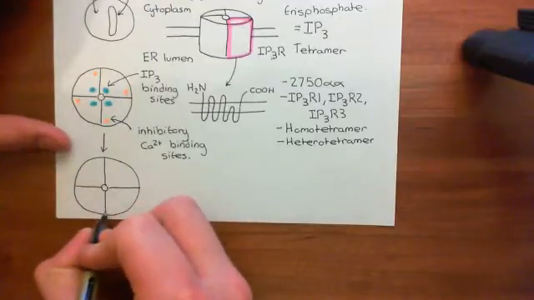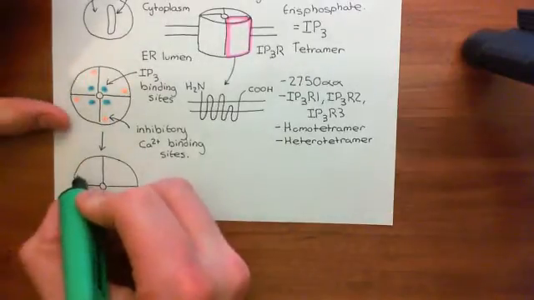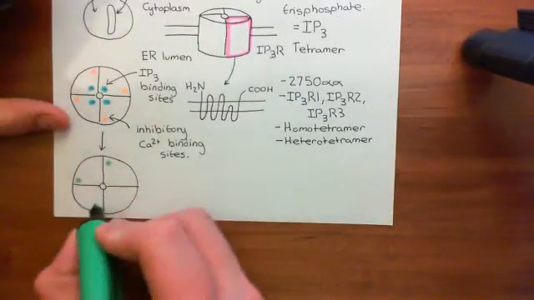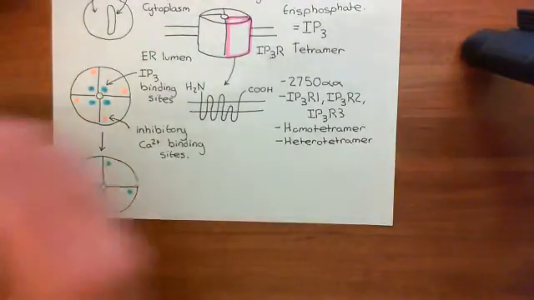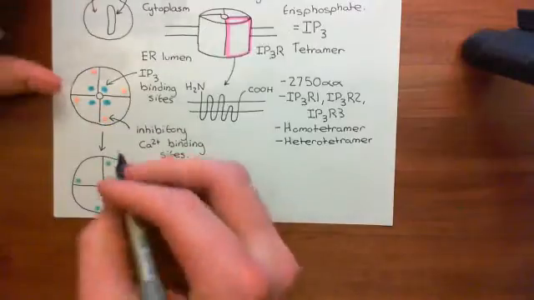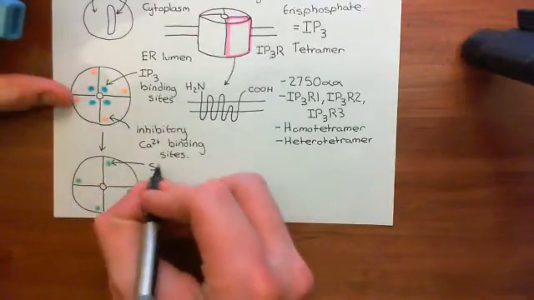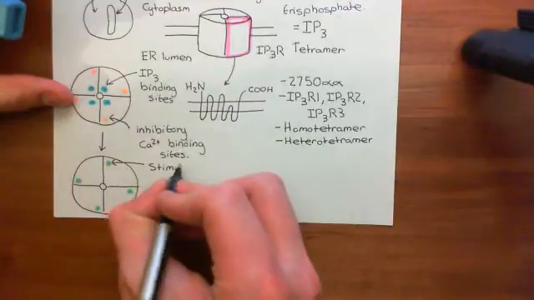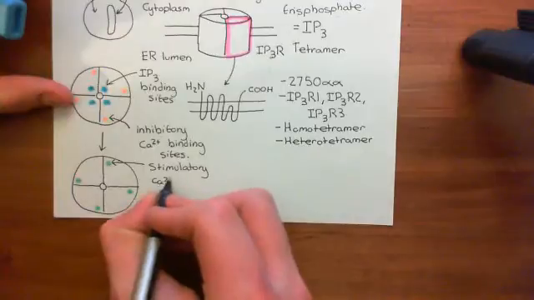Instead, you're going to make available a new calcium binding site, which I'll show in green over here, which is a stimulatory calcium binding site. And if calcium now binds to that stimulatory calcium binding site, it will cause the IP3 receptor to open. So this is the stimulatory calcium binding site.